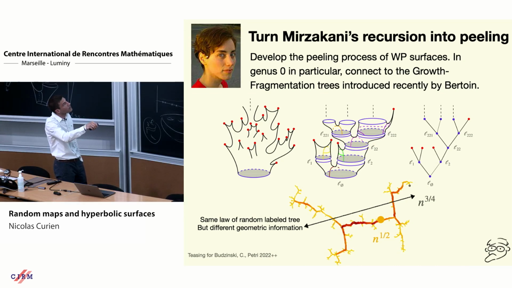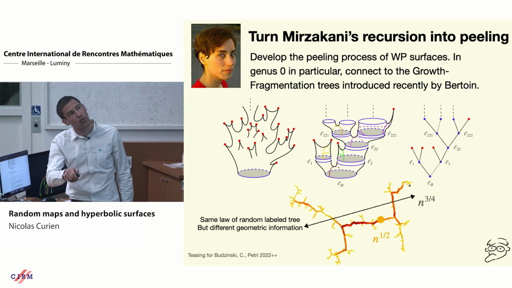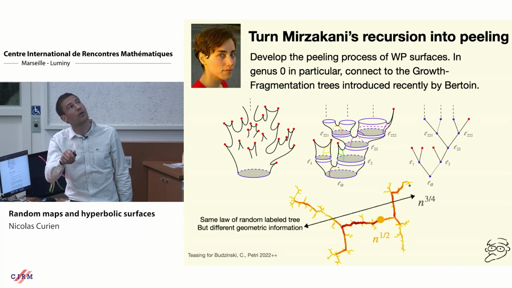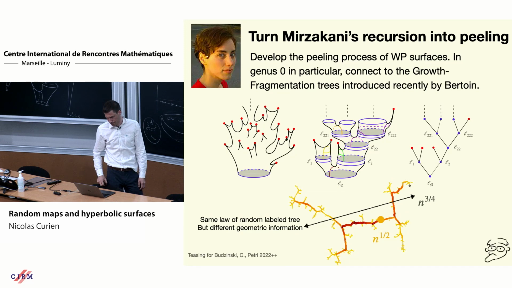So still work in progress, we want to understand the law of the tree that you would get, and actually those trees, they are not the usual type of random tree that we encounter. They have a diameter which is n to the 3/4, and what you see here, the color is the length of the perimeter, and so the typical perimeter is n to the 1/2. So that means that if you take one of these Weil-Petersson surfaces and you explore and you look in the middle, what is the length of those blue belts? It's roughly square root of n.